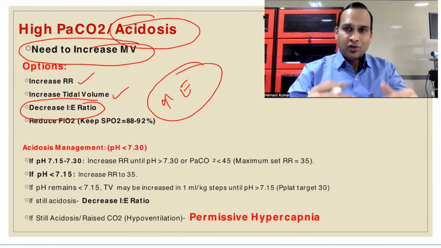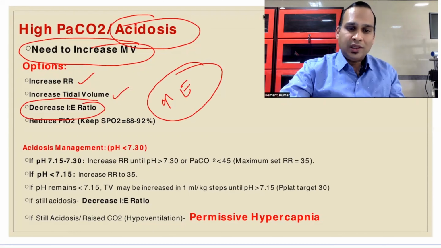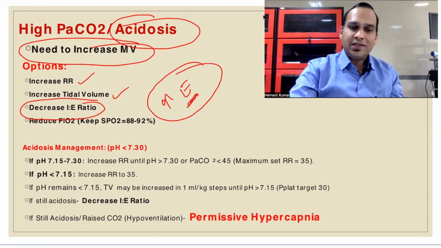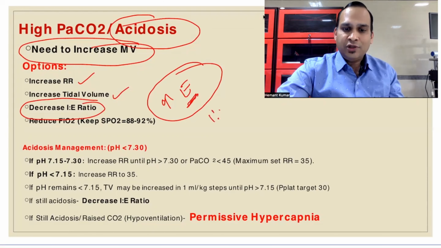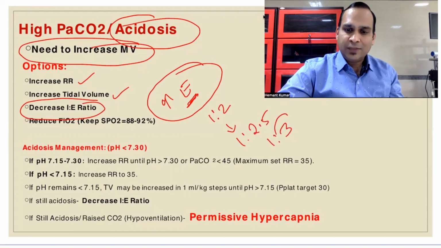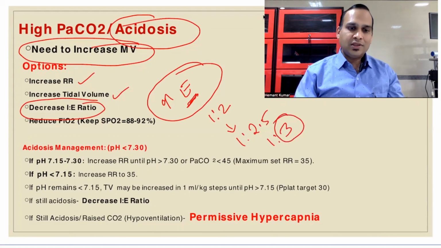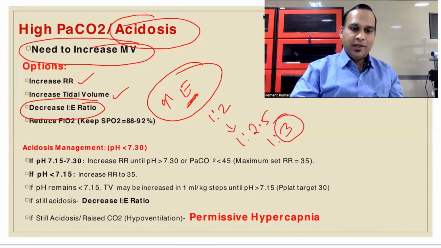So if you want to wash out CO2, you have to increase the E phase. So we have to decrease the I:E ratio. Normal is 1:2. We have to change it to something like 1:2.5 or 1:3. So once you increase the expiratory phase, you can reduce CO2 from the alveoli.